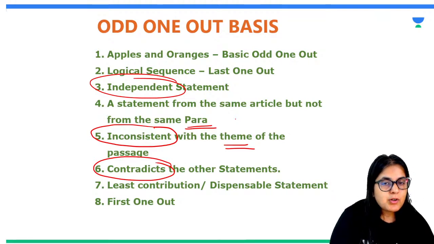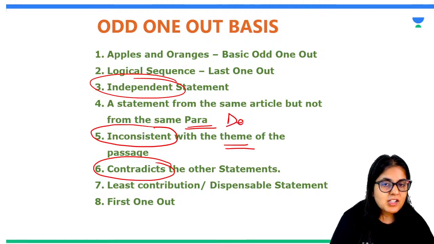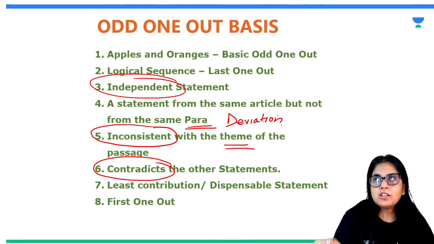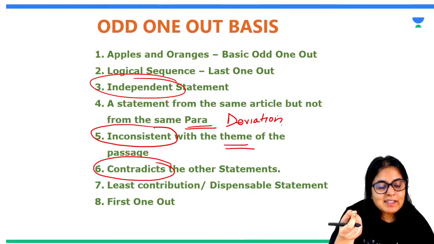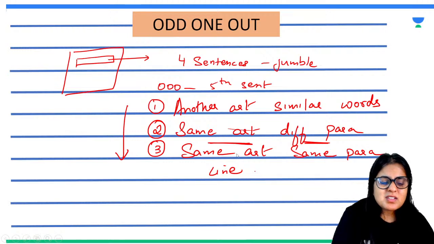Did you understand my point? Slightly और specific है, slightly deviate कर रहा है. So you look for a deviation, either deviation in the theme, deviation in the purpose, or deviation in the topic. It might be introducing a slightly different area. Exactly, Mayank.